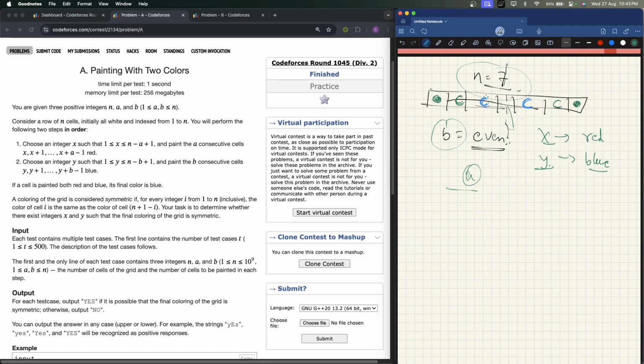What we observed is that the parity of b should always be equal to the parity of n, then we can color this array symmetrically, because blue color always exists in the final one.